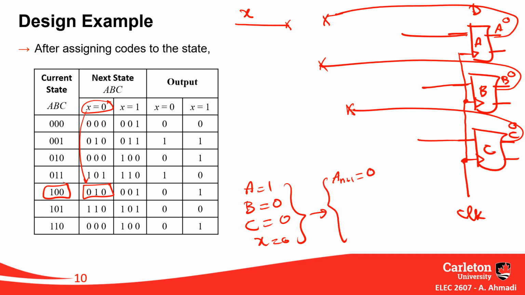You want B(n+1) to become 1. And you want C next to stay at 0. And at the same time, this one means your output. Also output will be 0.